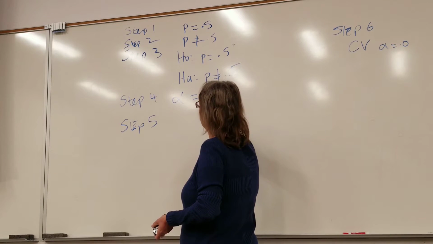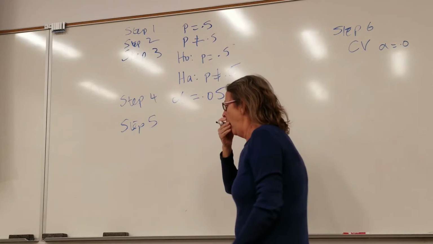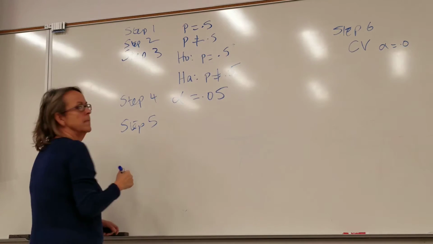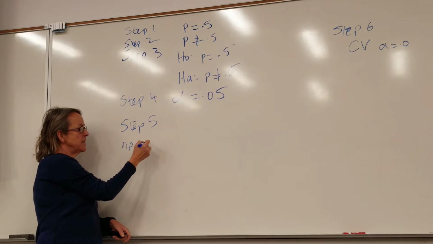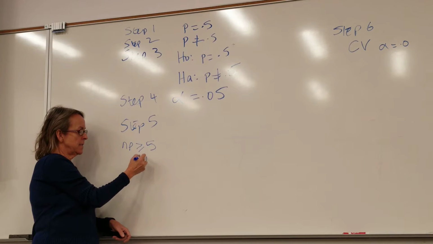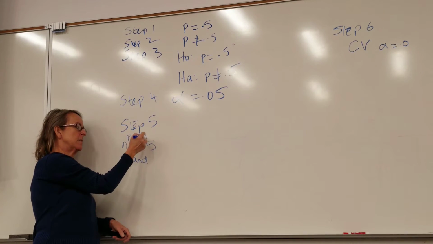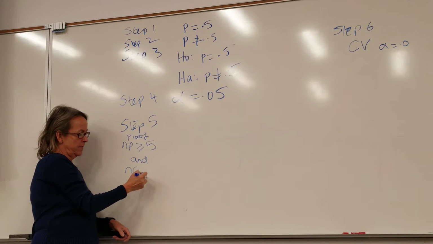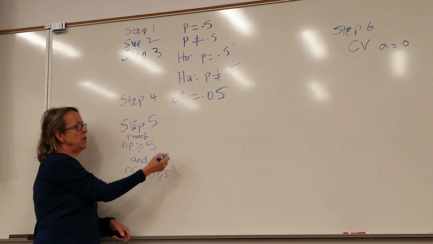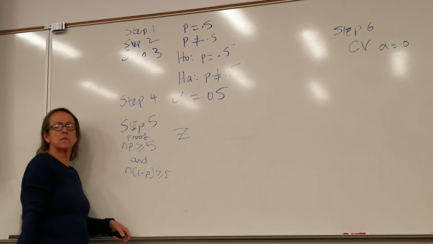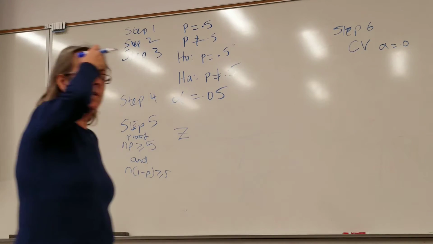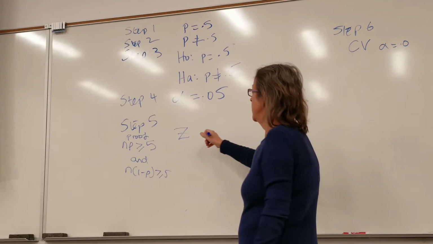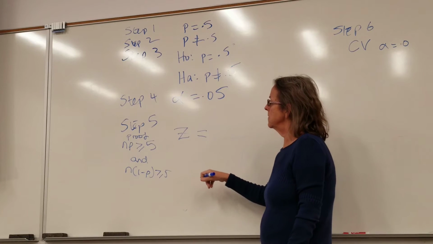Step 4, write down alpha. Step 5, calculate your test statistic. But first, make a proof. You can only use z-scores with proportions. You cannot use t-scores with proportions. They become binomial questions.